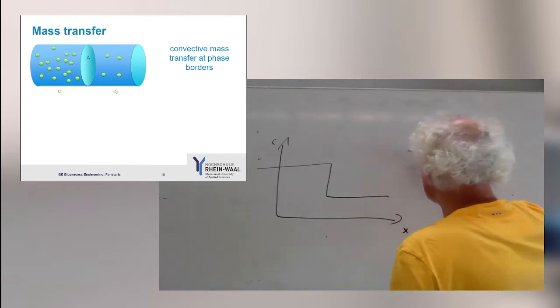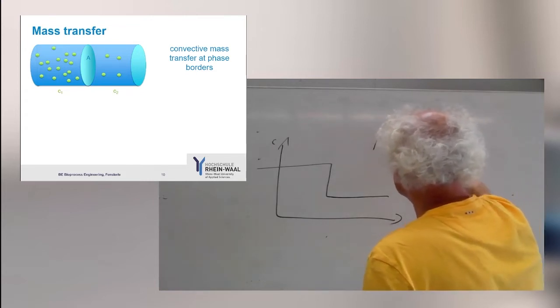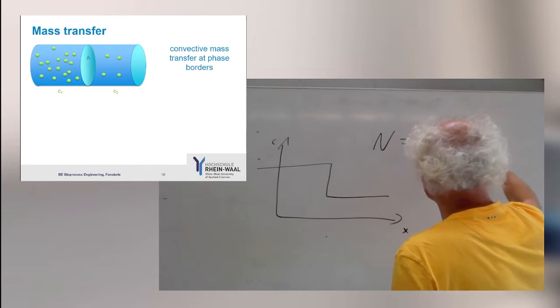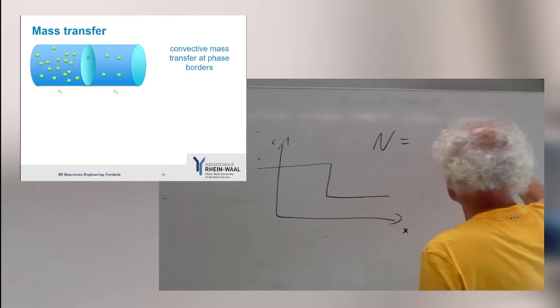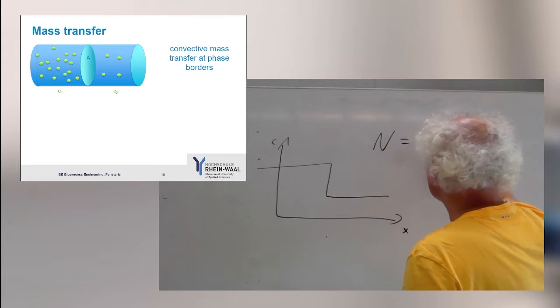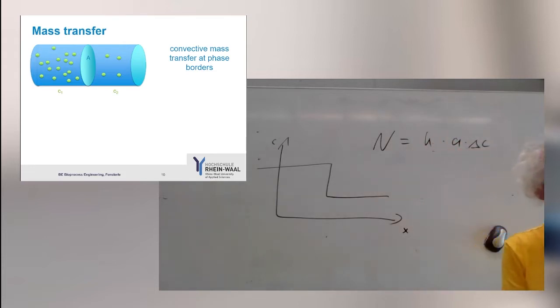So you can say the transfer rate is the area times the concentration difference, and of course we will always have some kind of diffusion constant, a mass transfer constant. So that's very simple. This is what's behind mass transfer.